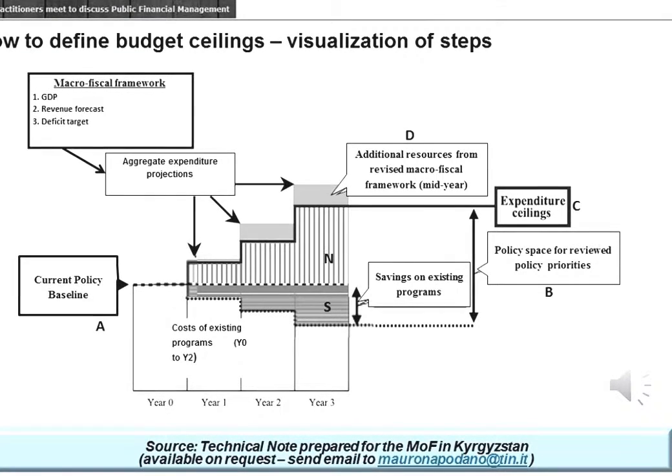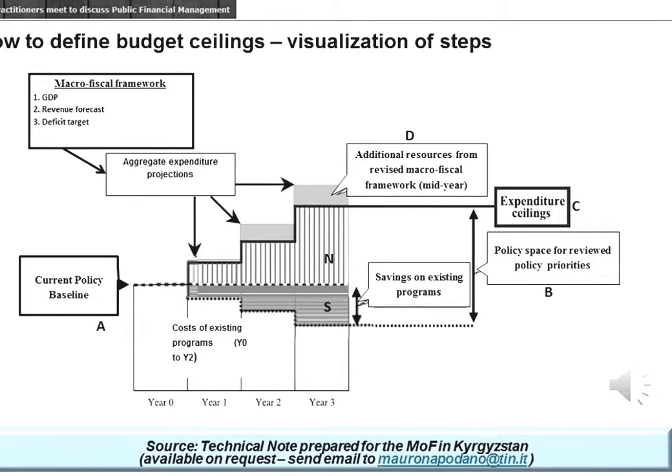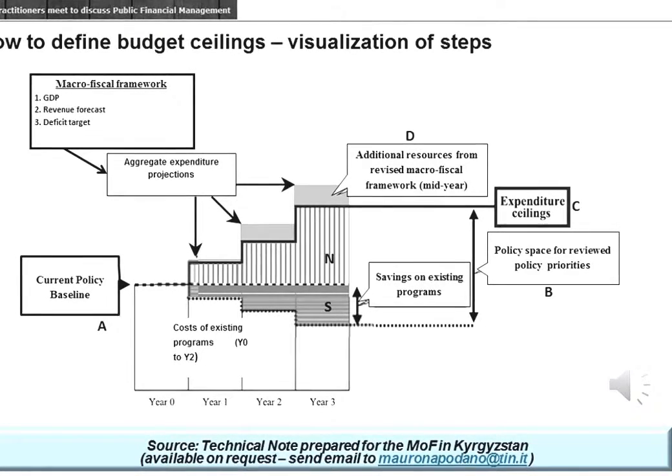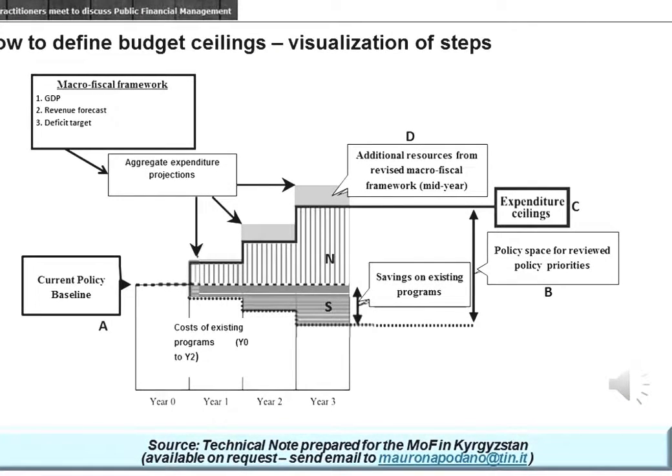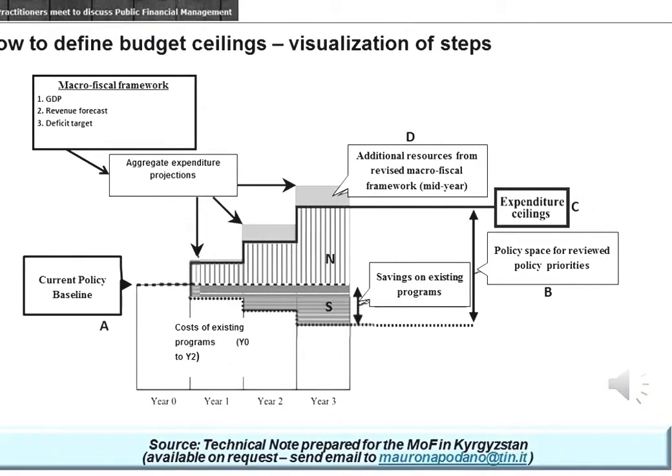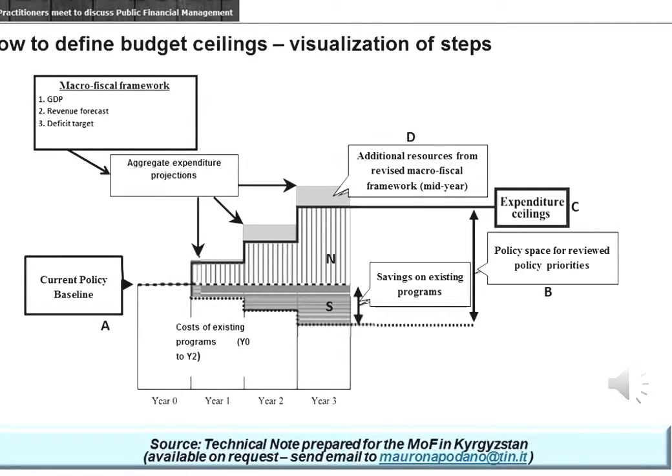And also a continuous dialogue with Ministry of Finance, in which Ministry of Finance retains a contestability role, which challenges the allocation of resources to policy priorities made by line ministries in their budget submissions.